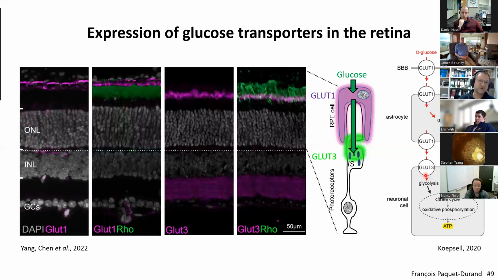And that allows for an efficient transport of glucose through the tissue. So this would be supportive of strong glucose consumption and high glucose transport into the photoreceptors.